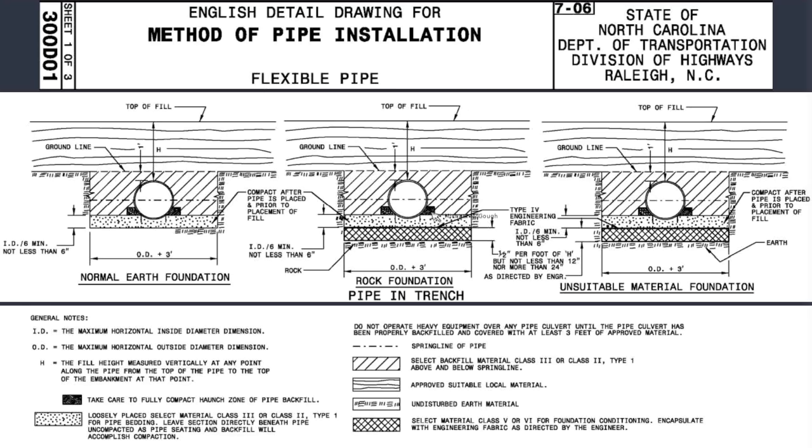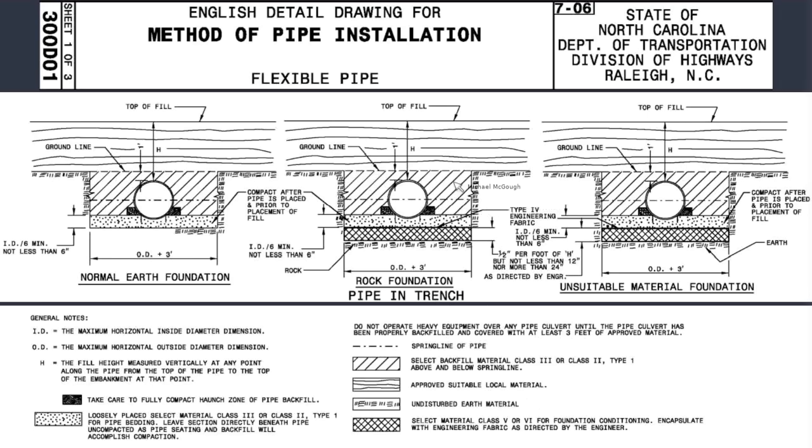So here, this is an excerpt from North Carolina. This is their standard detail for flexible pipe. This is in particular the trench installation. So again, just to highlight a couple of things here. This is the loosely placed select material underneath as the bedding material. Illustrating again here to take care to fully compact the haunch zone for the pipe backfill.